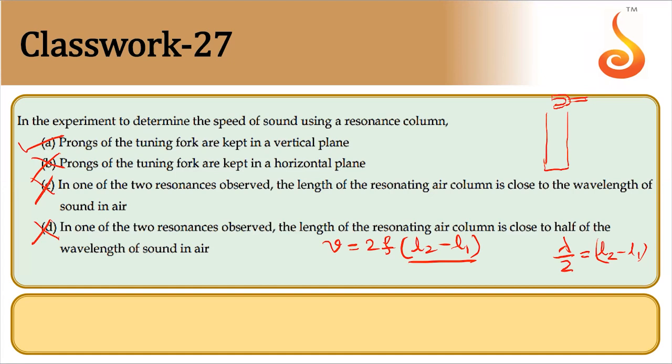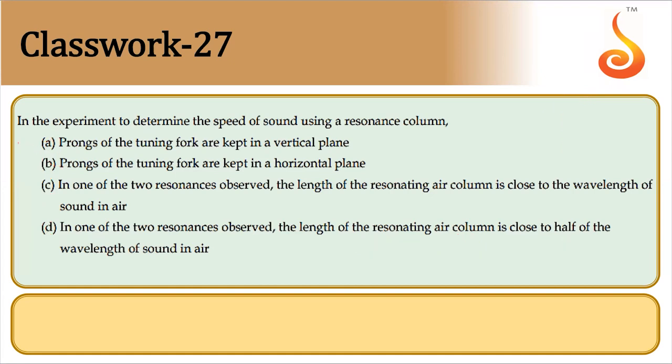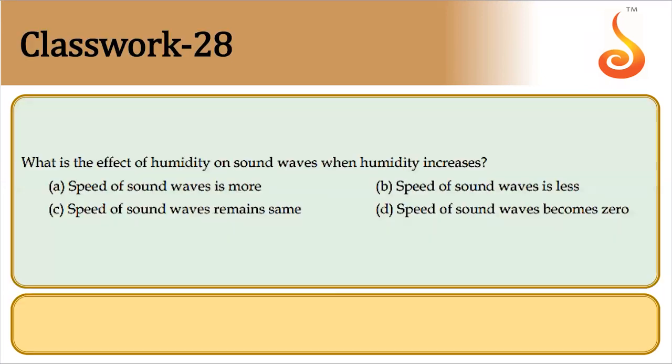Yes. If we have taken this, shall move on to next. What is the effect of humidity on sound waves when humidity increases? Speed of sound waves is more, speed of sound waves is less, speed of sound waves remains same, speed of sound waves becomes 0.